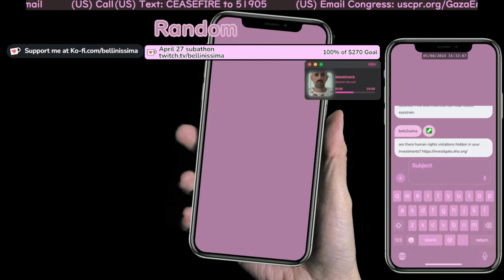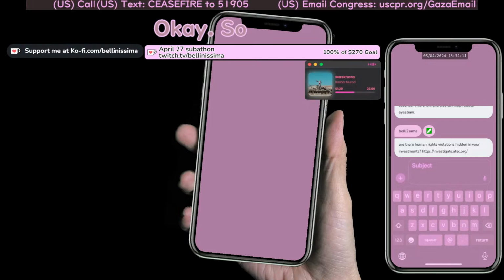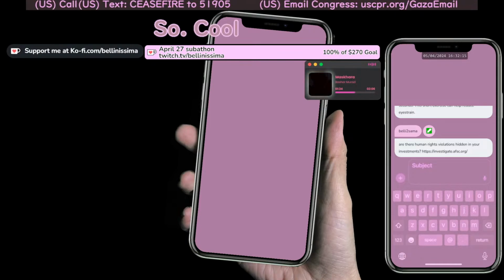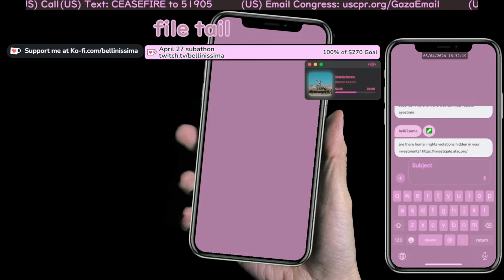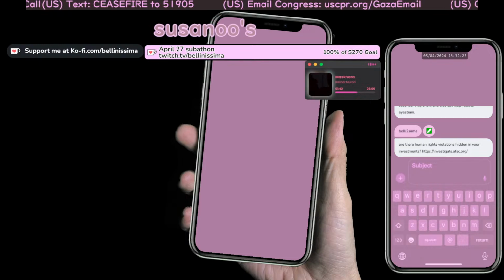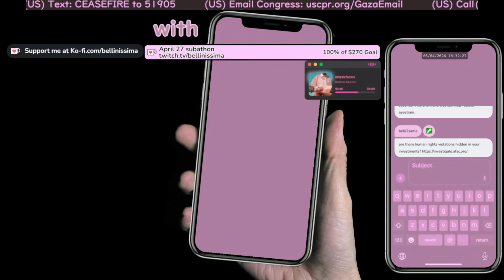Random. Okay. So core file? Read lines, file tail, file IO. Is that what I needed to do with Susanu's? Maybe that's what I needed to do with Susanu's. MIDI.